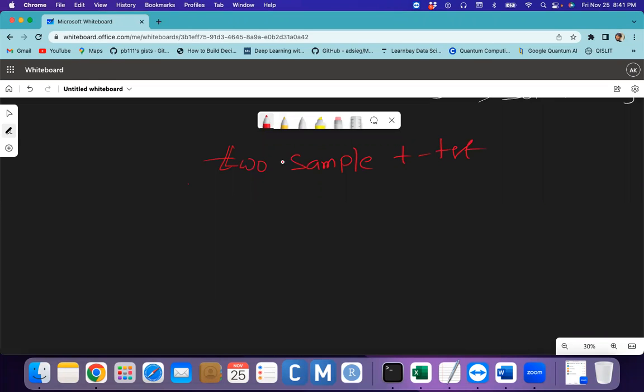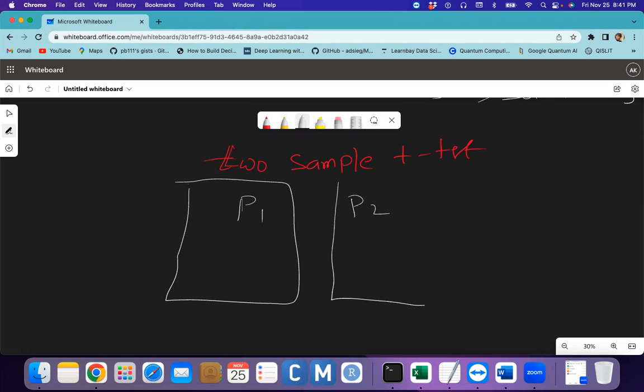When we are understanding the two sample t-test, we have population 1 and population 2, both independent, so I take a sample from each. This is my sample 1, and this is my sample 2.